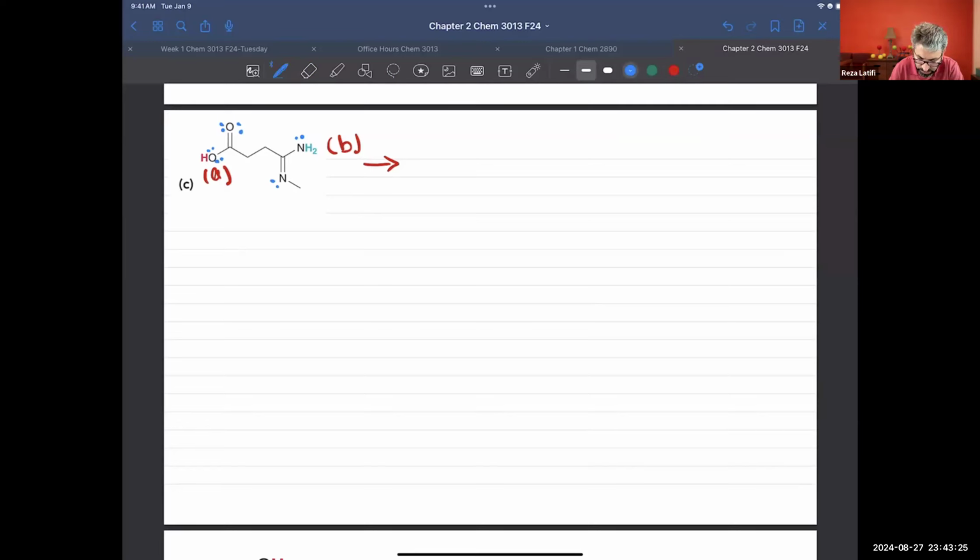We get oxygen attached to carbon, and the oxygen has a double bond there and 2 lone pairs. This oxygen has 2 lone pairs and 1 hydrogen. Here we have carbon, carbon, carbon. Then down here we have nitrogen, the lone pair, and methyl.